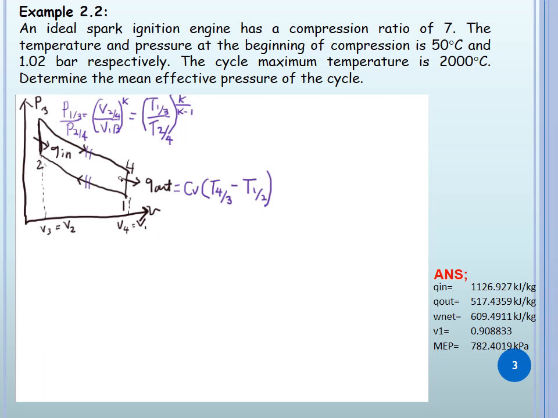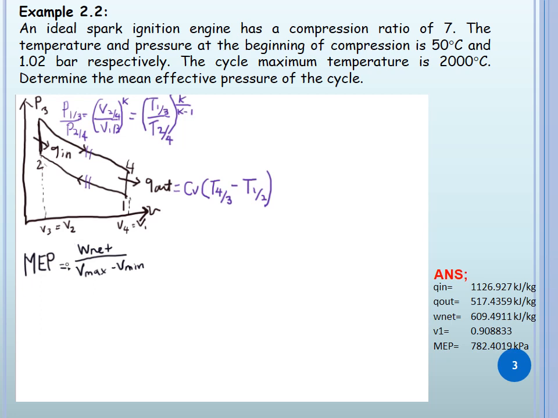Now after we have sketched and know all the formulas that can be used throughout the process, we go back to the question. The question needs us to determine the MEP. What is MEP? It is W net over (Vmax minus Vmin). Vmax is at 1 and Vmin is at 2.